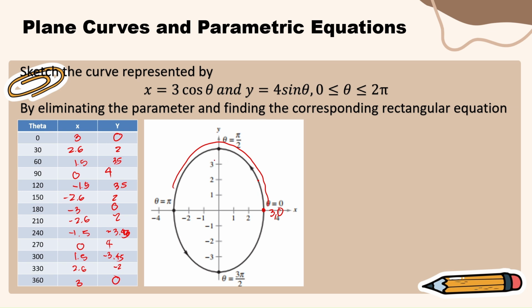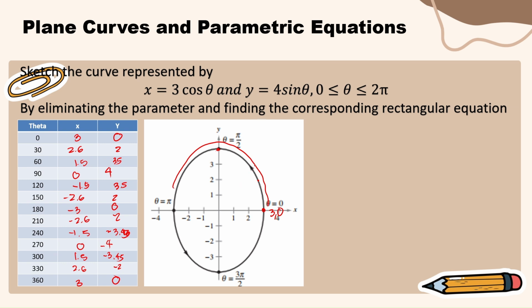Then we have 90, 0, 4 located here. Para dito, pi or 180, that's negative 3, 0. And for 270, that's 0, negative 4 dapat to. Then mababalik dito.